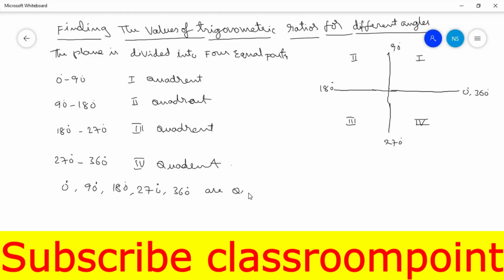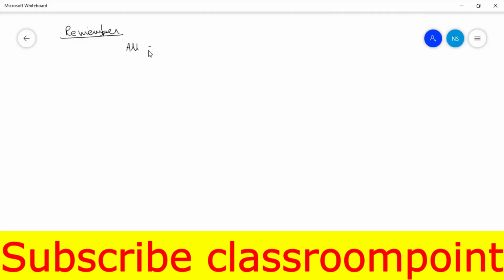The signs can be remembered as "all silver teacups": all trigonometric ratios are positive in first quadrant.